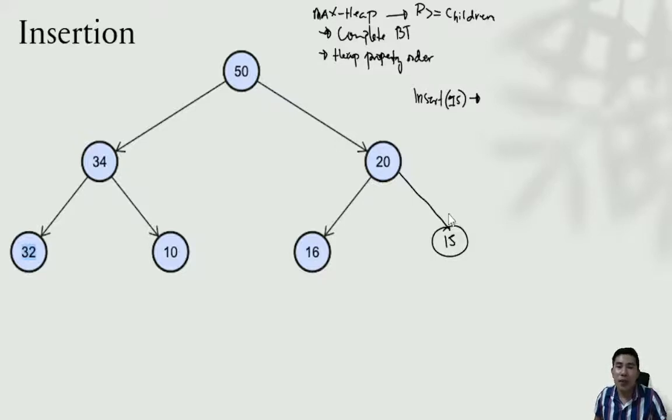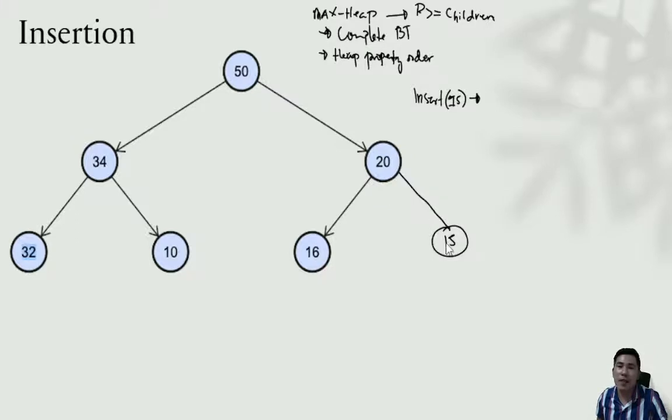Now you need to compare the recently inserted node to its parent. Since this is a max heap, if 15 is greater than its parent, there should be a swap, which is called percolation up.